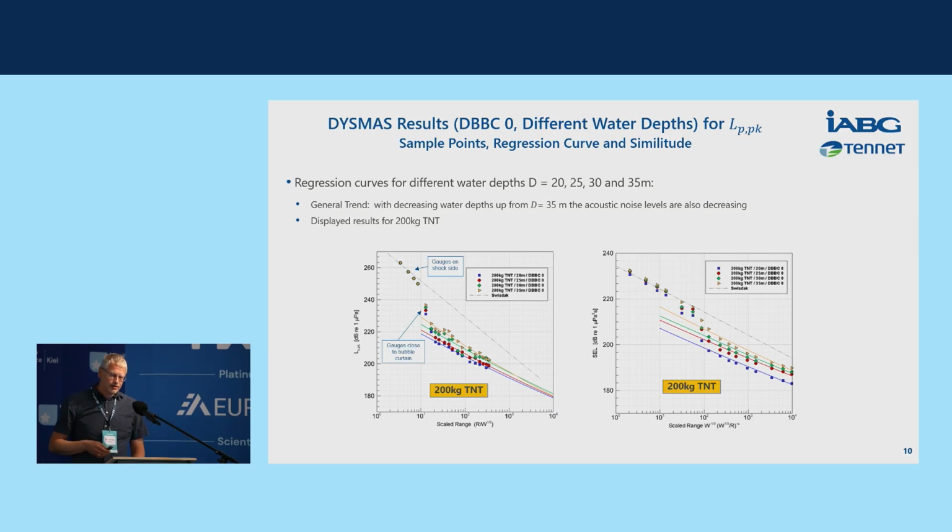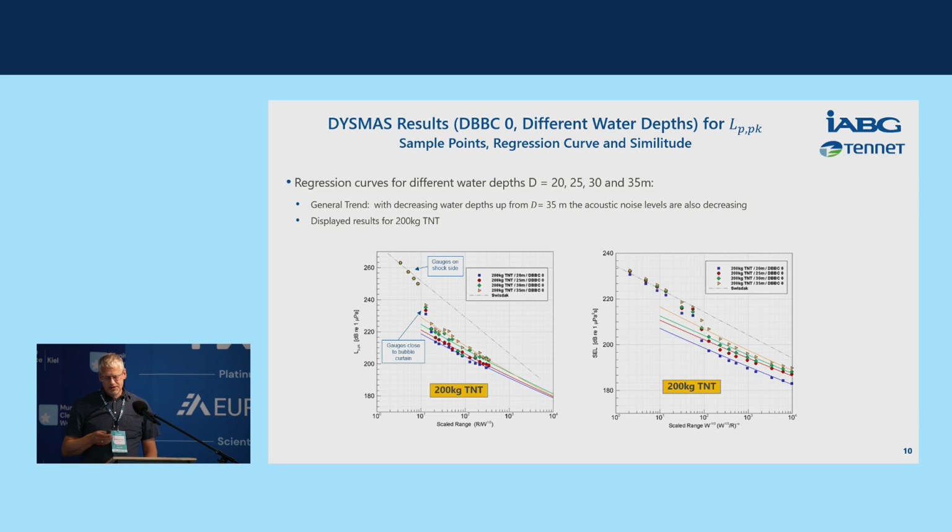So what we did then is to do regression on all the results that we gathered. So we have simulation results on different charge masses, on different water depths. And as you can see here, this diagram is a little bit complicated, because it shows the sound levels against the scaled radius. So it's not the distance itself, it's a scaled radius.